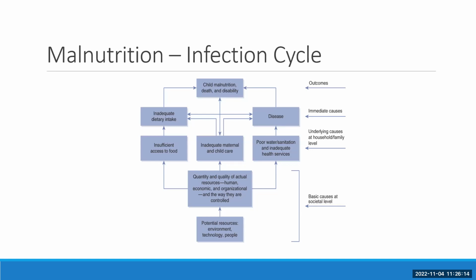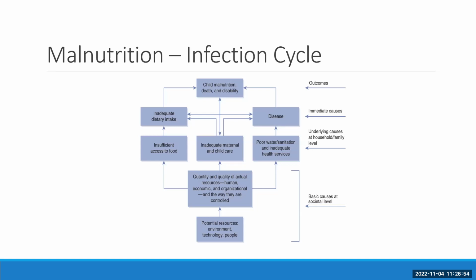So we talked about that cycle that exists between malnutrition and infection, where children who are experiencing chronic infections because of poor WASH, because of high infectious disease where they live, high diarrheal disease, are subject to becoming malnourished, right? Because of that illness. But then when we are malnourished, we're actually more likely to be susceptible to infectious disease.